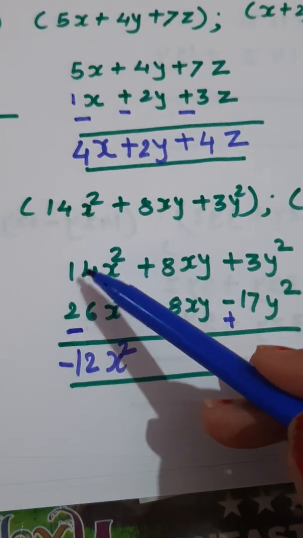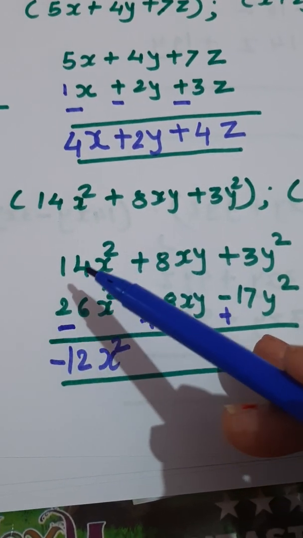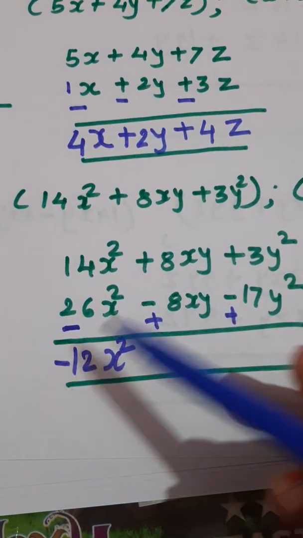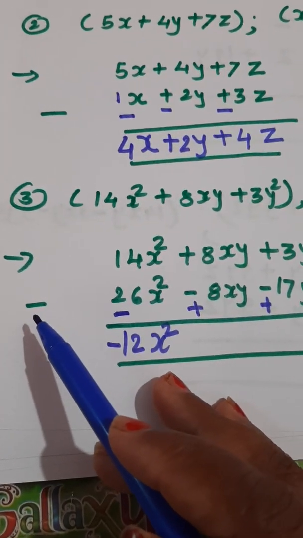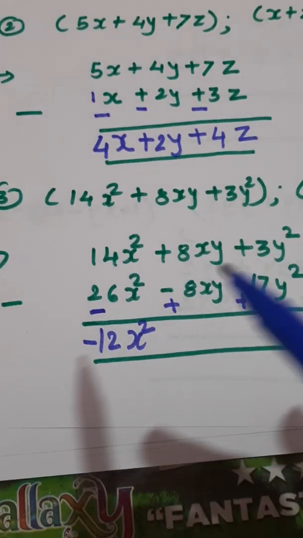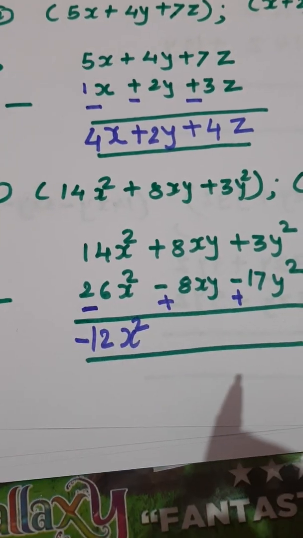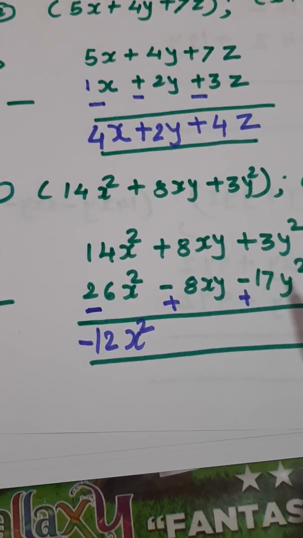Understood? When one is positive, one is negative, you have to do subtraction and give sign of the big number, and this is the most important rule. While subtraction of the algebraic expression, sign of every term of the second algebraic expression you have to change, and then you carry out the subtraction.